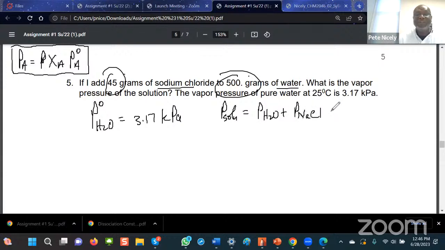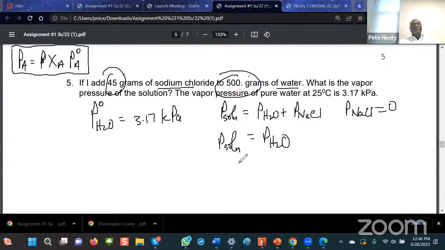But remember now, sodium chloride is a solid. So that means that the vapor pressure of sodium chloride will be equal to 0. So therefore, we can simply put that the vapor pressure of the solution is equal to the vapor pressure of water itself in the solution, because we have the vapor pressure of pure water here.